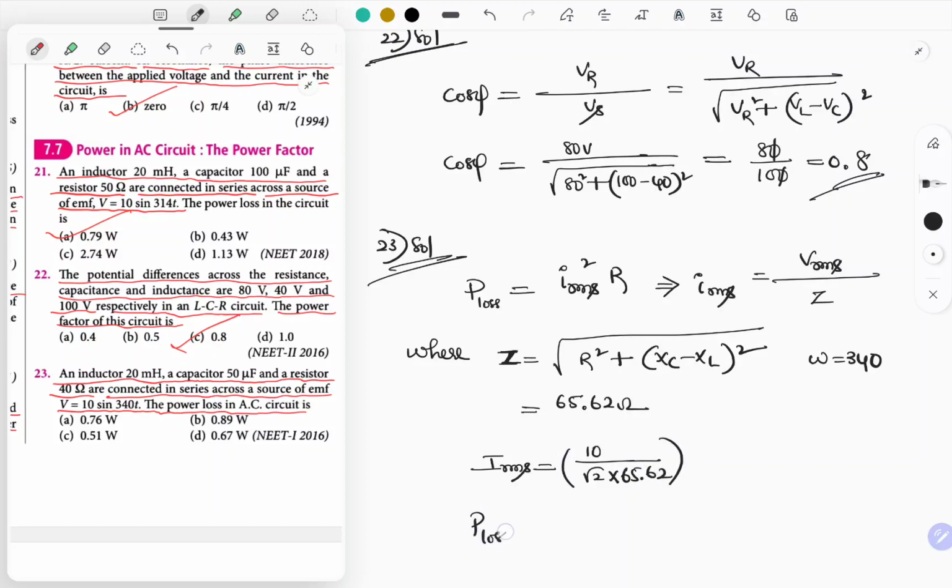Power loss is equal to (10 by root 2 into 65.62) whole square into R. R value is 40 ohm. So approximately you are going to get the answer as 0.46 watts.